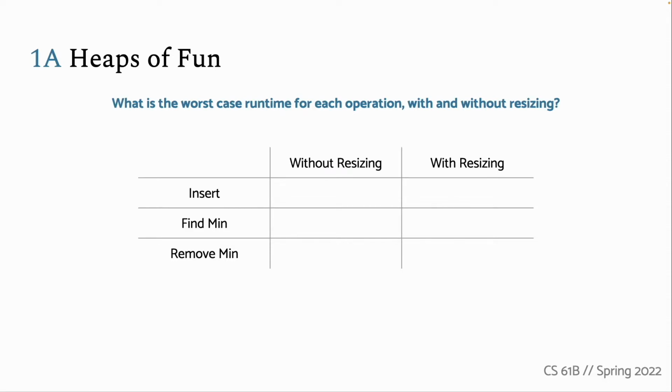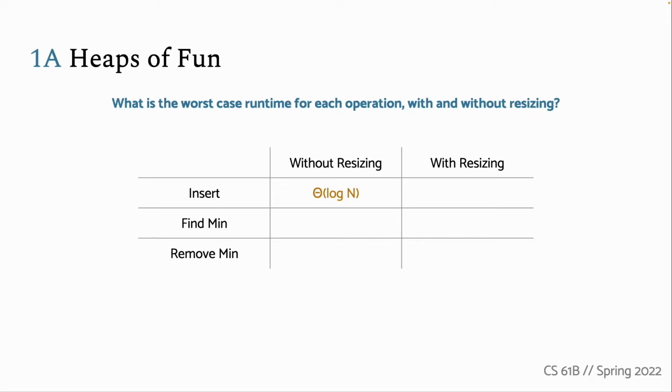Okay, let's go over it. So first, let's talk about insertion without resizing. This case will be log n like we talked about, because as we bubble up, in the worst case, we are only going from a leaf to a root. And as we talked about, one of the benefits of the complete property of heaps is that it's always perfectly balanced and super bushy.